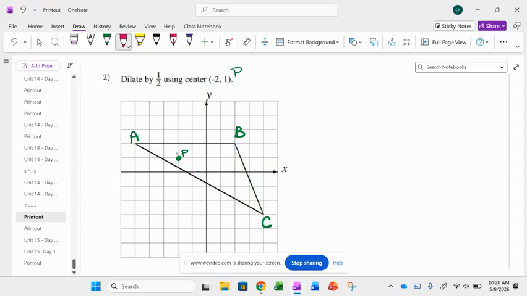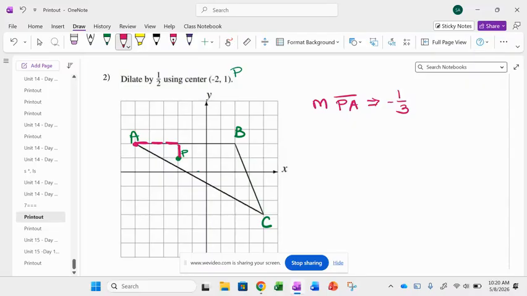Now to get from P to A, I'm going up 1, to the left 3. Do we agree? Okay, but now I'm not making this bigger by 2 or 3 or 4 times.